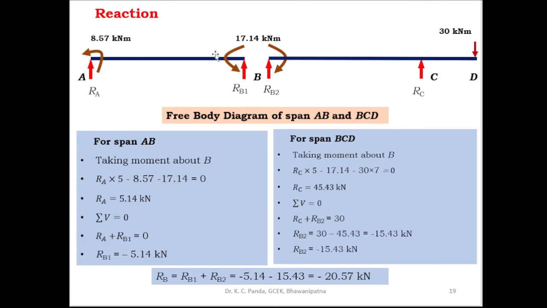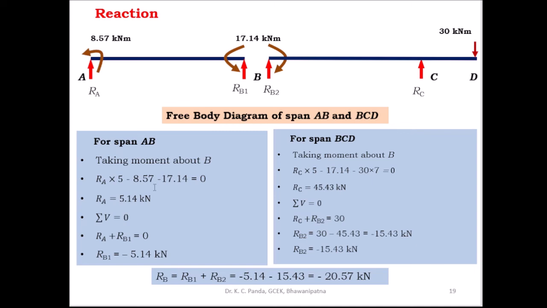Let us take span AB and find out the reaction at A and B. Reaction at A is RA and reaction at B is RB1, and the moment here is negative 8.57 kilonewton meter anti-clockwise, and here the moment is plus 17.14 kilonewton meter, anti-clockwise. For span BCD, here it is clockwise 17.14 kilonewton meter, and the load given is 30 kilonewton. First find out the reaction for span AB, RA and RB1.